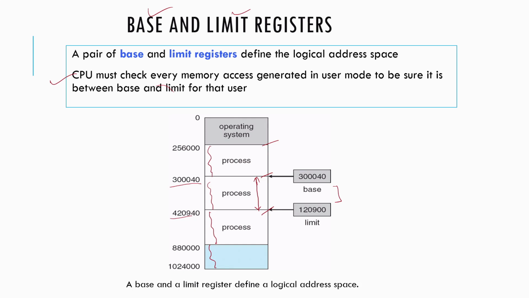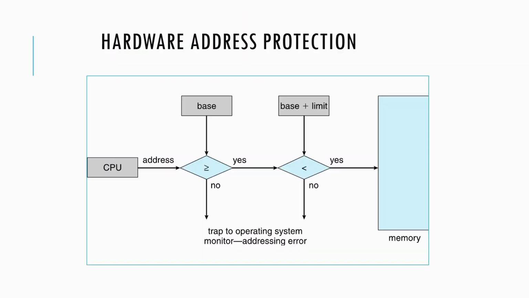All those things are done here. The CPU must check every memory access generated in user mode to be sure it is between the base and the limit for that user. Otherwise the program will not function; it will be terminated.